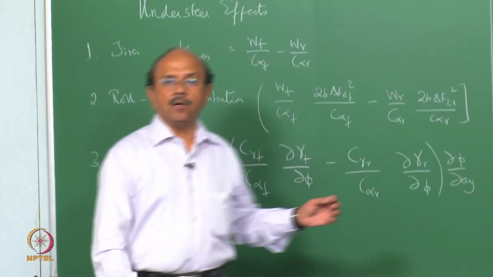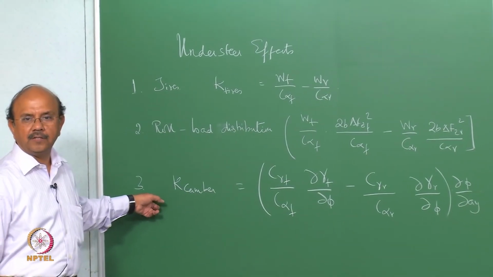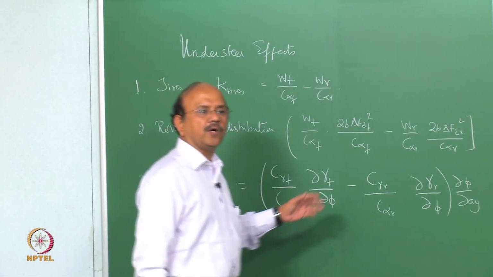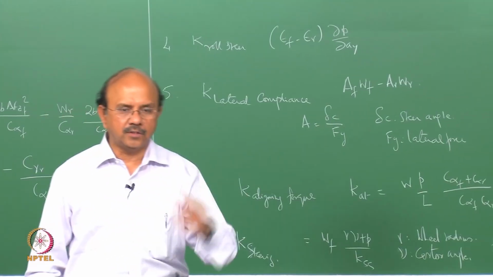The next we saw is with respect to the camber thrust. Remember that we defined camber thrust as the lateral force produced because of the presence of camber of the tire, or in other words the wheel.